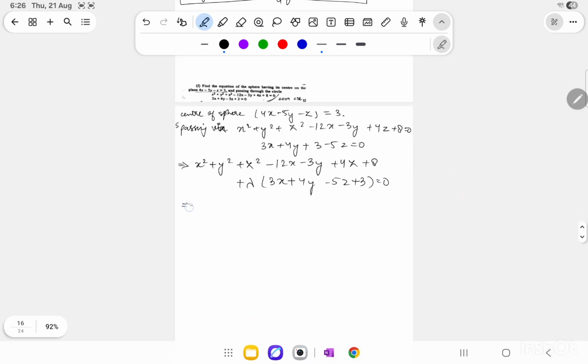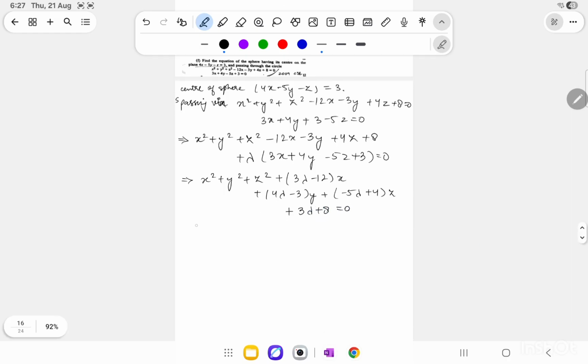So if I simplify it, I'll get x square plus y square plus z square plus 3 lambda minus 12 x plus 4 lambda minus 3 y plus minus 5 lambda plus 4 z plus 3 lambda plus 8 equals 0.